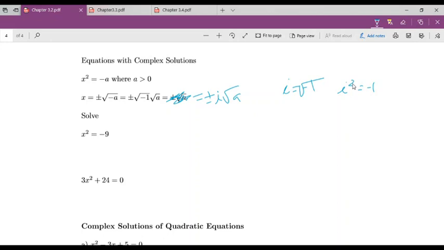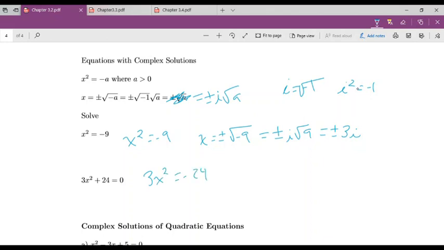So if we're going to solve this, we've got x squared equals negative 9, so that means x equals plus or minus the square root of negative 9, which is also equal to plus or minus i square root 9. We know the square root of 9 is just 3. So what we get is plus or minus 3i. And it's that simple.